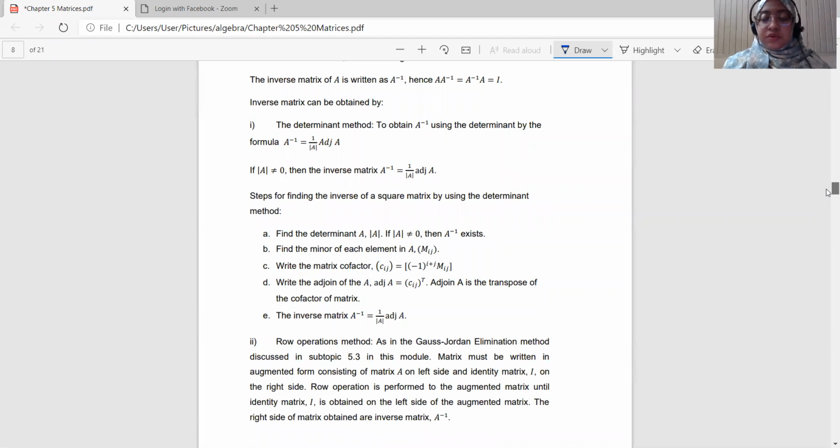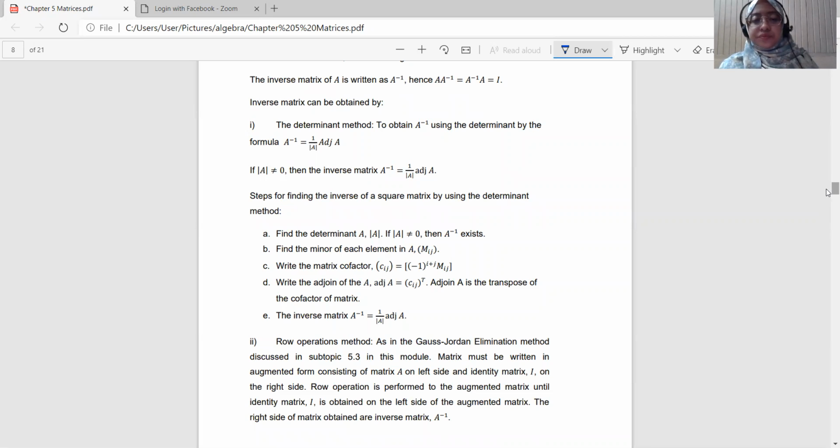I have told you before that we have about 5 steps to get the final answer. The first is to find the determinant, and then the minor, cofactor, adjoint, and the final one is the inverse matrix itself.